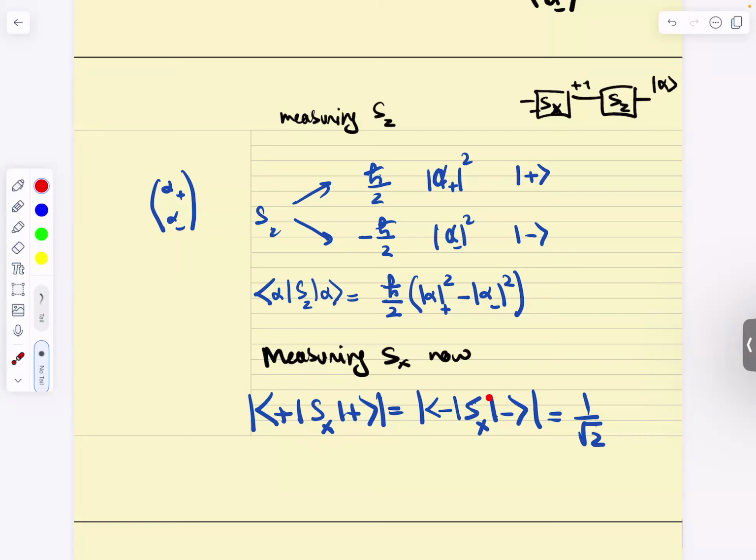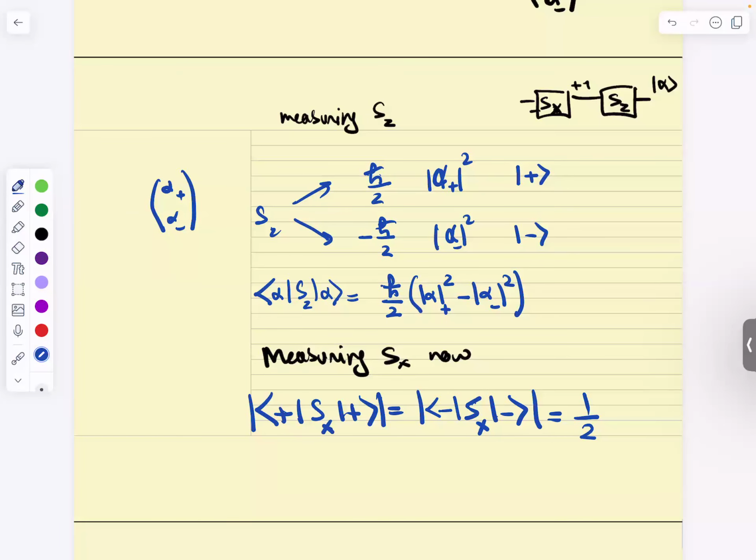The expected value of S of X in minus is 1 over square root. My bad. Sorry. No, this is half. This is half. Sorry.